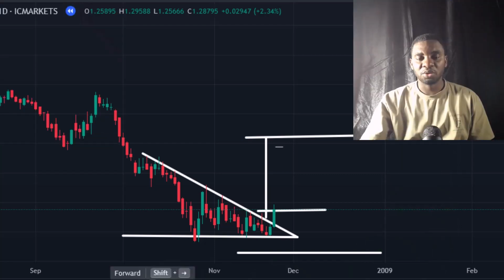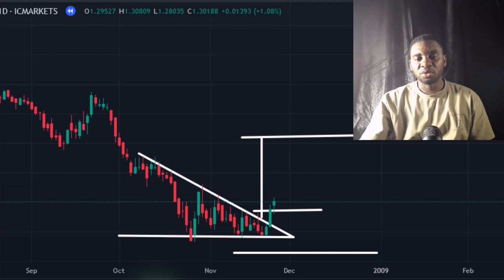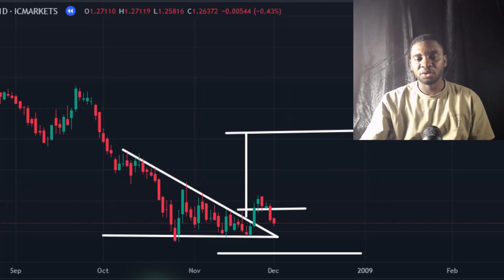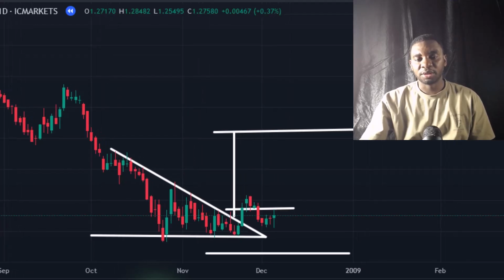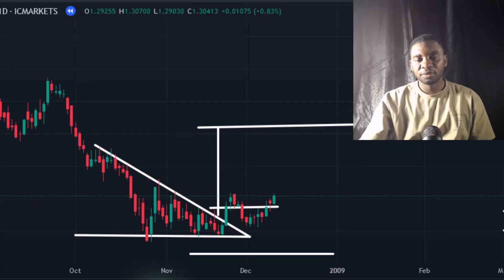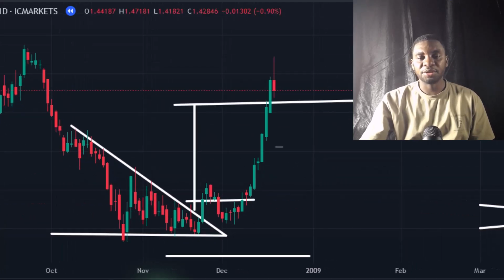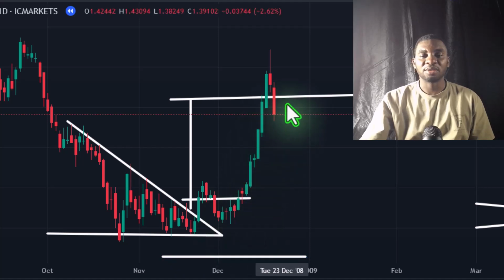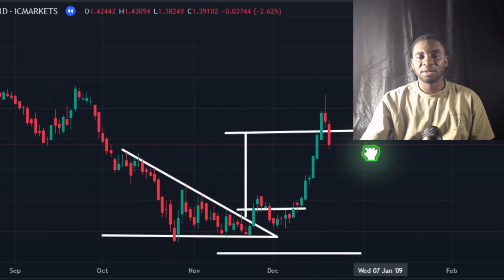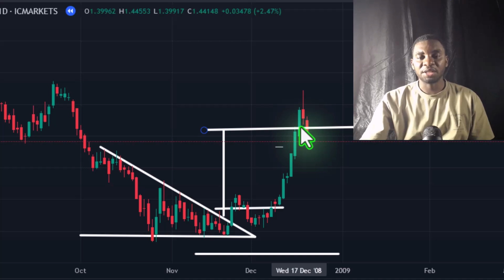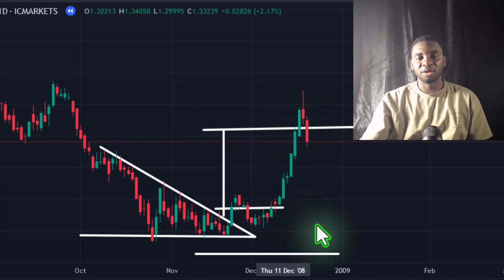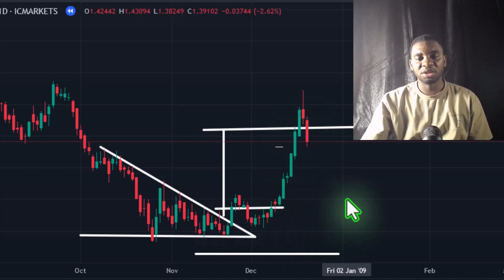So what do we do? We wait for the trade to take place, and see how the price is going. As you can see, our take profit has been hit. But what have you noticed here?